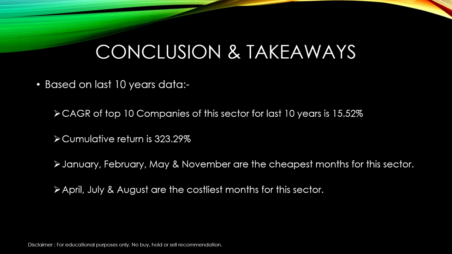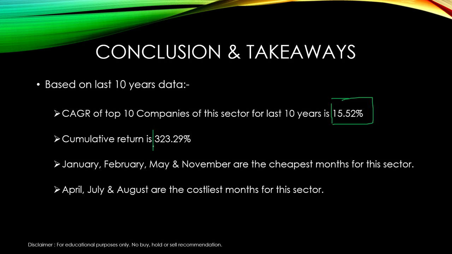So what can we conclude with this? We can conclude that the CAGR of top 10 companies of the sector for the last 10 years is 15.52. This, I would say, is an average CAGR, not much impressive.